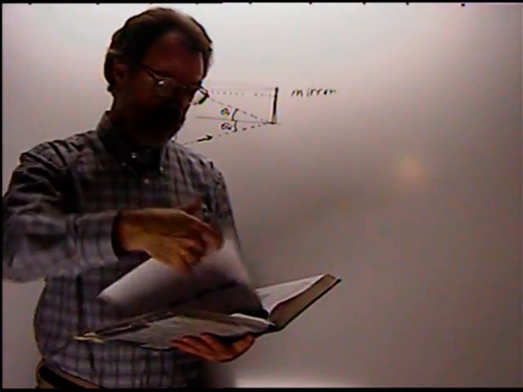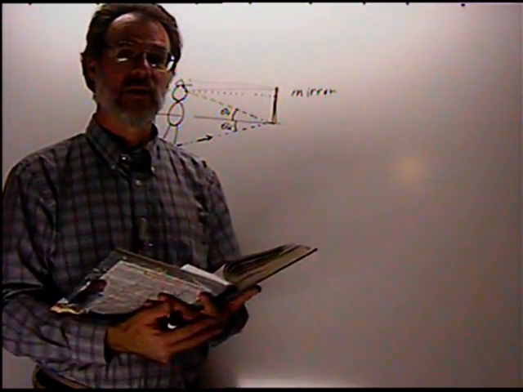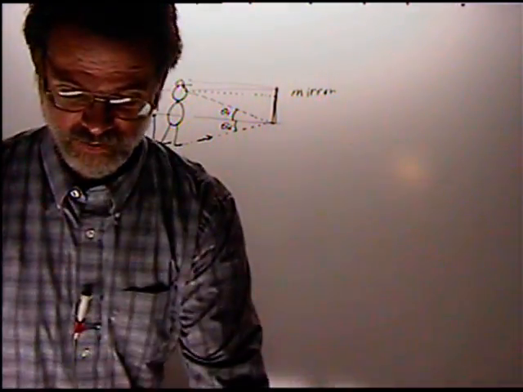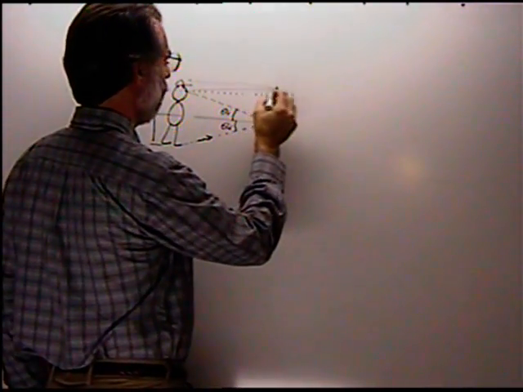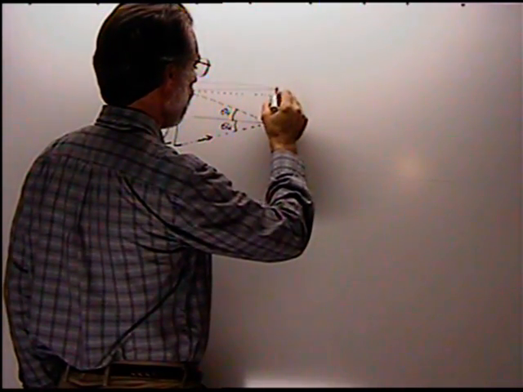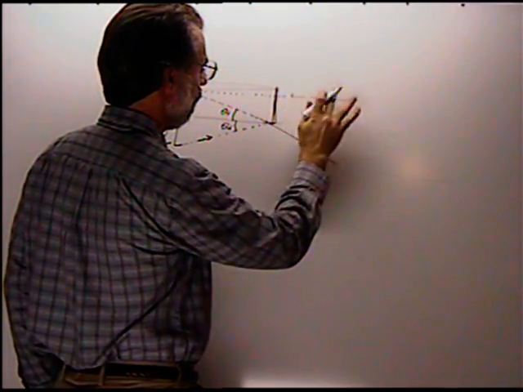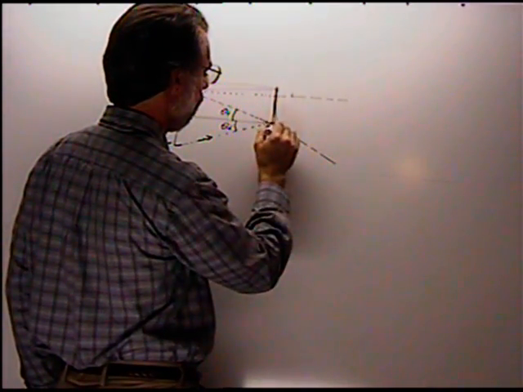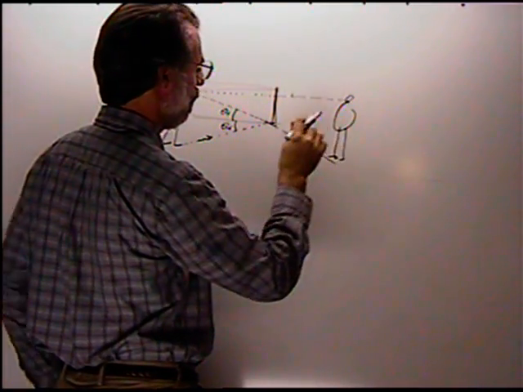So that's the answer. Number 3, what is the difference between a virtual and a real image? Remember, a virtual image, like the one in the mirror, is formed where the virtual rays of light form. So here would be your body here. It's a virtual image.